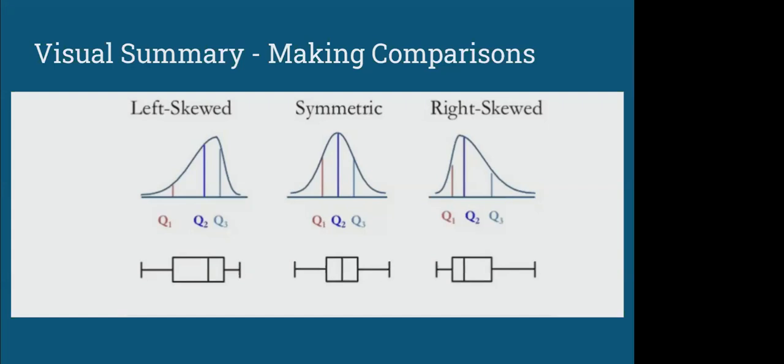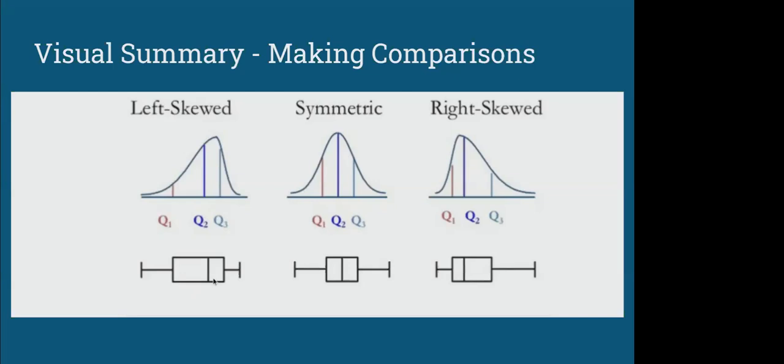We know if it's left skewed, the tail is on the left, all of the data has been pushed to the right. And we know that, again, the median, the Q2, is the best measure of the center of the data. Well, now, under our left skew, you see the box plot.